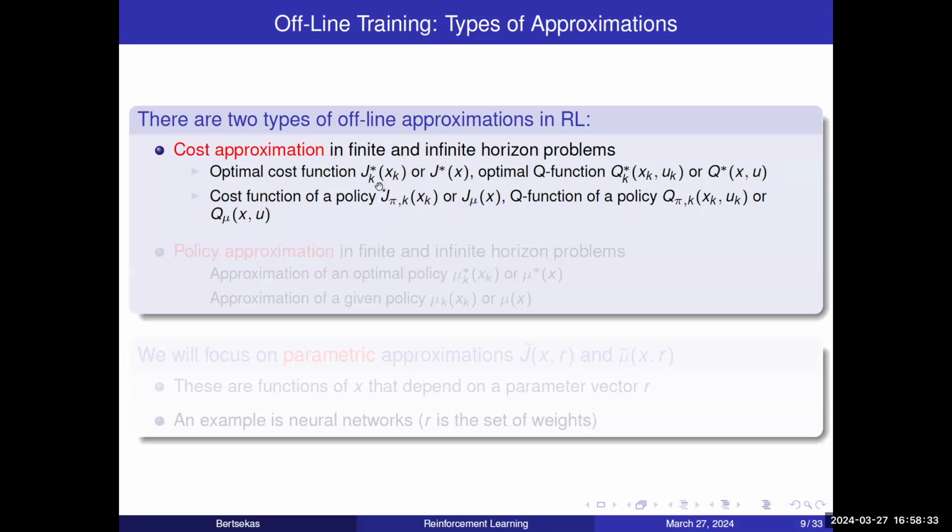In some context of finite horizon problem, you may transform it to an infinite horizon problem by aggregating the state with stage so that you have one parametric approximation to cover all cost function approximations. So this is what happened in AlphaGo and AlphaZero kind of context.